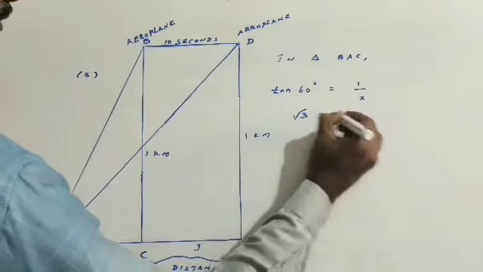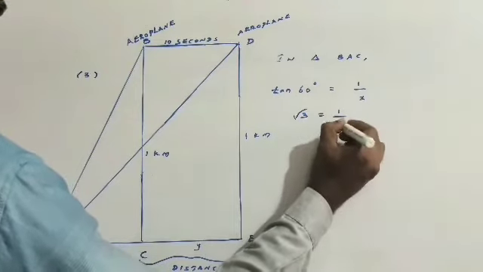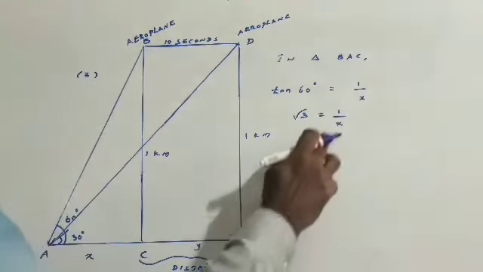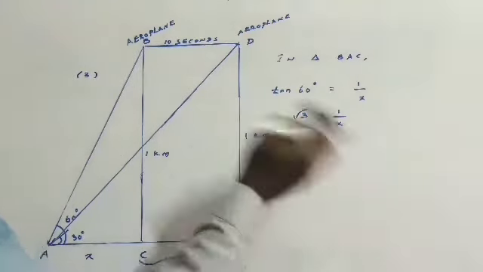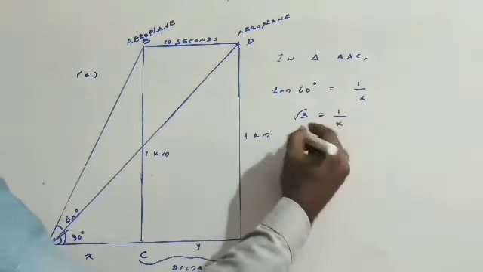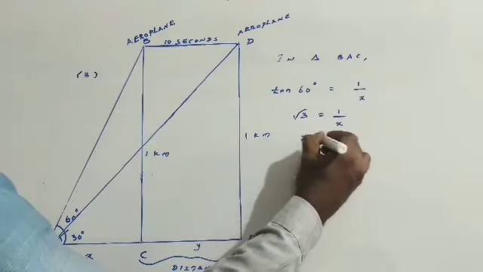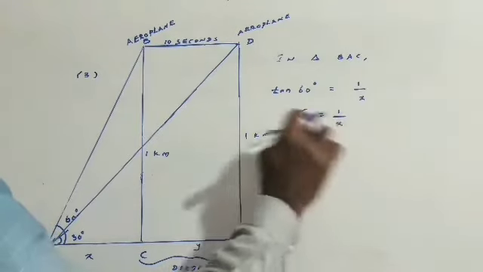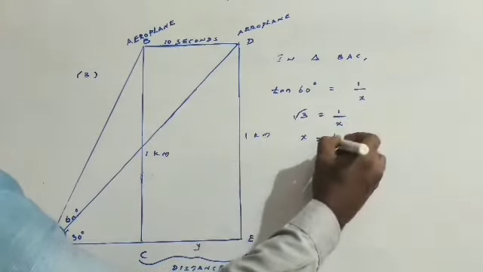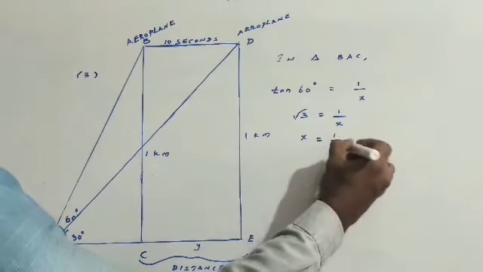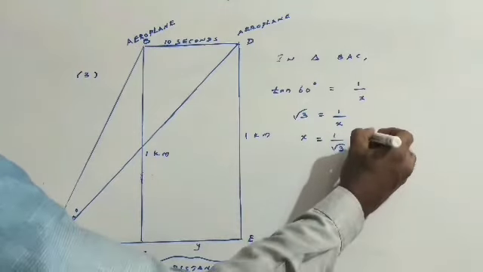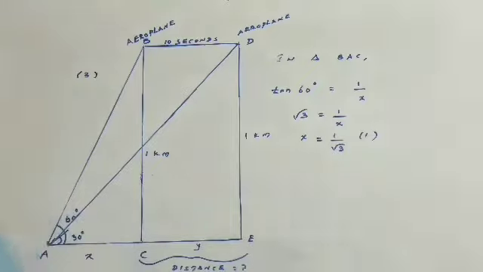Root 3 equal to 1 by X. Now cross multiply, so the value of X is 1 by root 3. Consider this as equation 1.